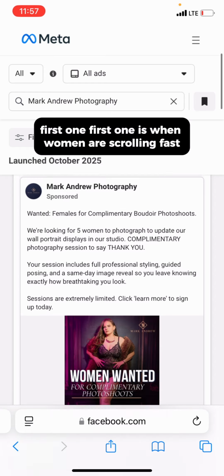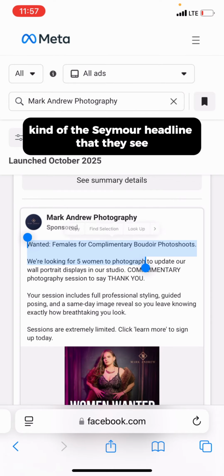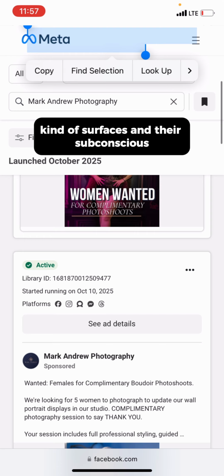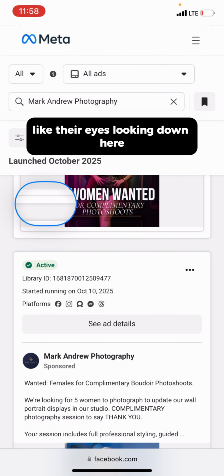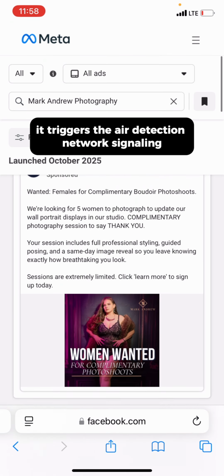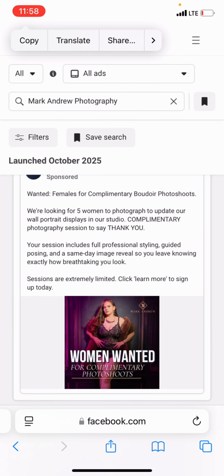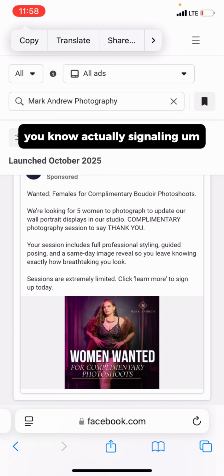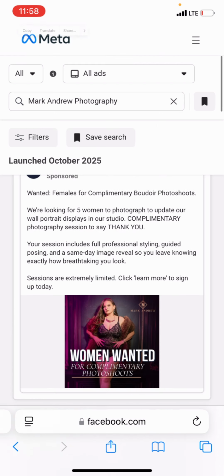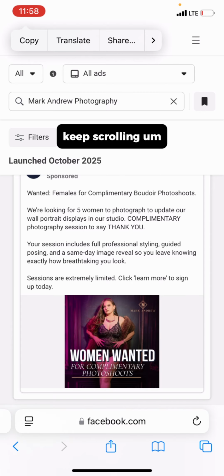First one is when women are scrolling fast, the see more headline they see surfaces in their subconscious as their eyes look down here at the bottom left. If the words are not congruent, it triggers the error detection network, signaling incongruent, confusing, keep scrolling.